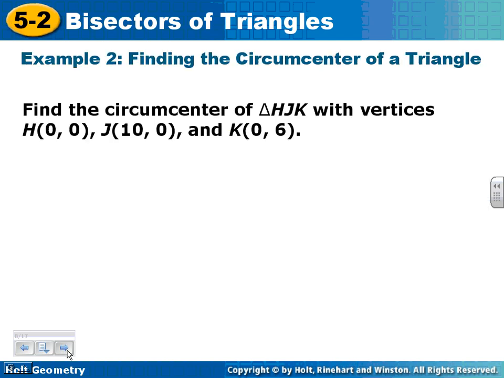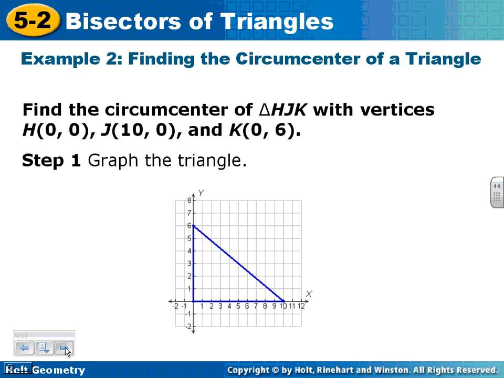If I'm given this problem, find the circumcenter of triangle HJK with vertices H at 0, 0. That's that point right here. J is 10, 0, so it's over here. And K is 0, 6. You should notice that's a right triangle.